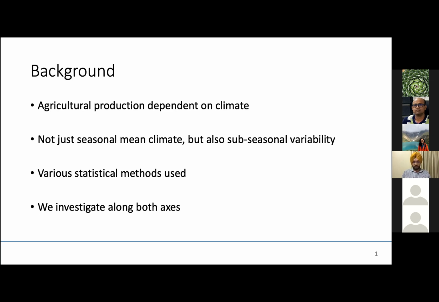And in this particular project that I'm working on, our analysis expands along both these axes. So we are comparing seasonal versus subseasonal analysis, as well as linear regression, which we call the simplest method, to other machine learning techniques, which I will talk about later.